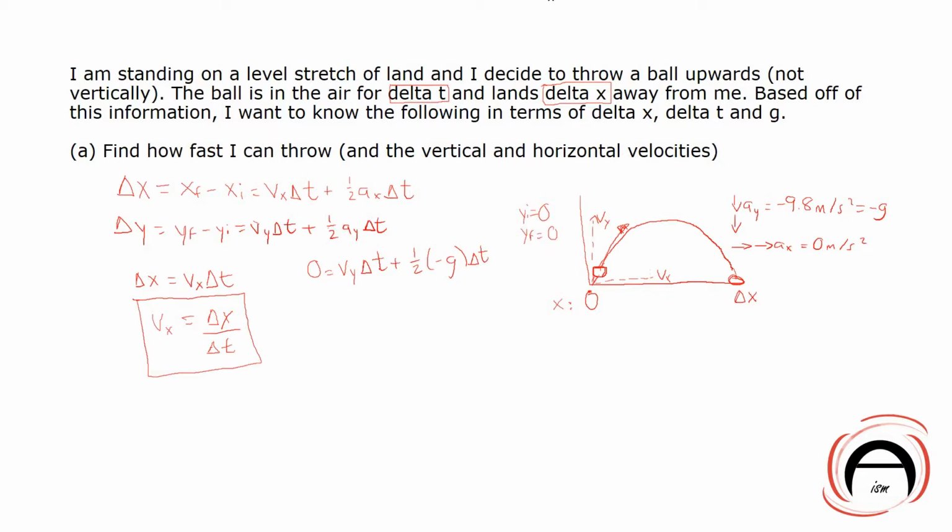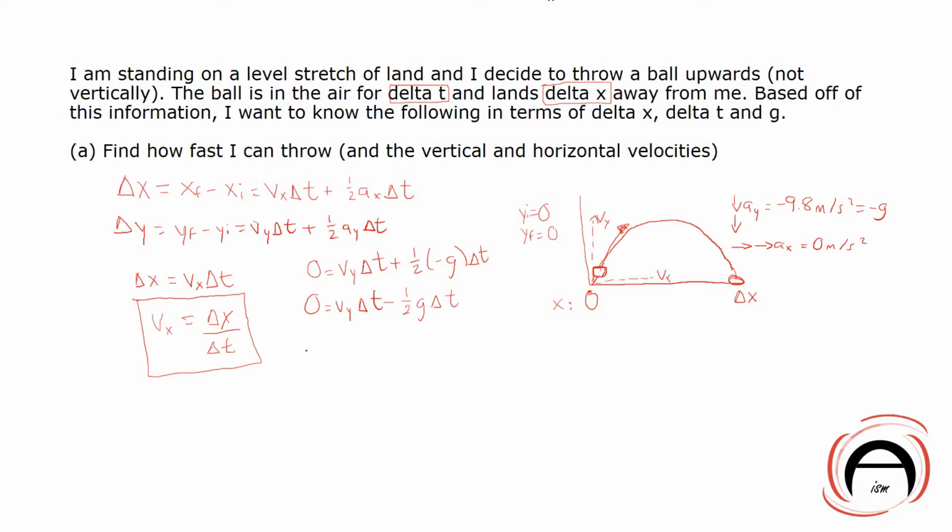So solving for Vy, we're going to have 0 is equal to Vy delta t minus 1/2 g delta t squared.